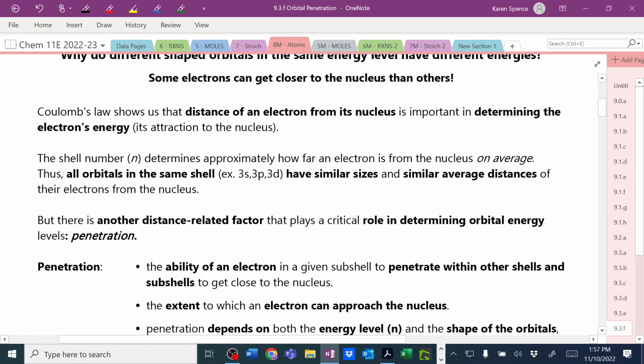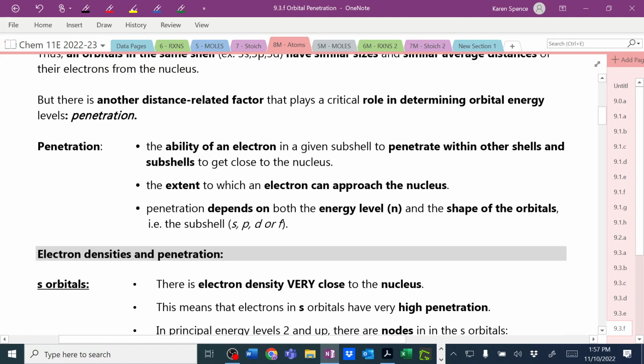So, penetration is the ability of an electron to get within the other shells and subshells, to get closer to the nucleus.